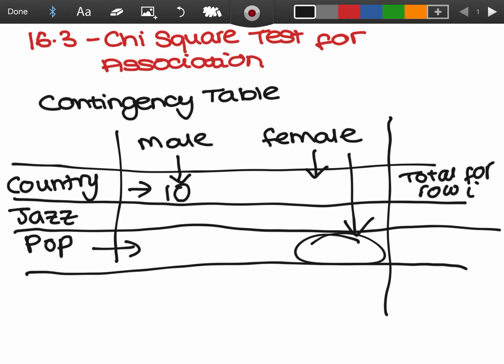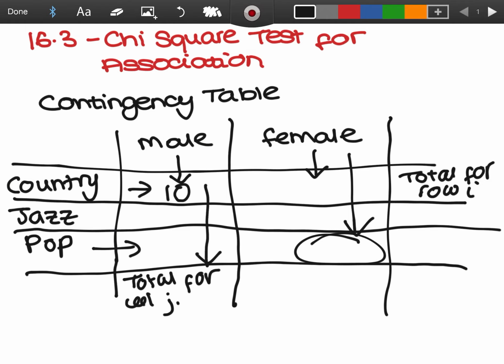Then you could do the same for the columns. You could add up all the males, so this would be the total for column j. You could add up all the people that fell into this column, so all the males that liked any type of music. And you could do the same for the females, add up all the females, and that would be a total that would go here. And over here would be the absolute total. So you could add up the total of all the rows, or you could add up the total of all the columns. It would come to the same number.